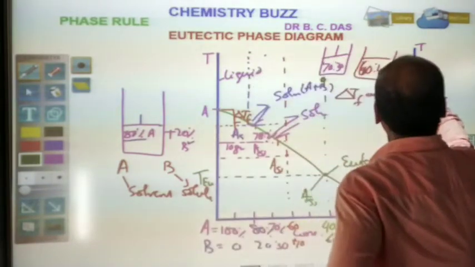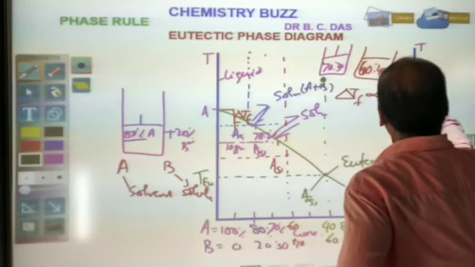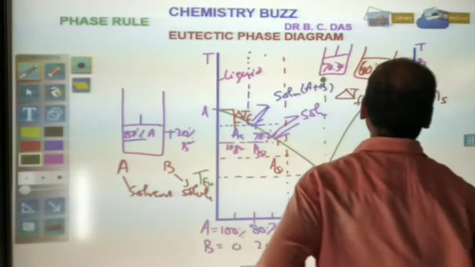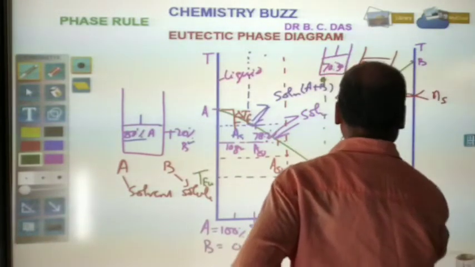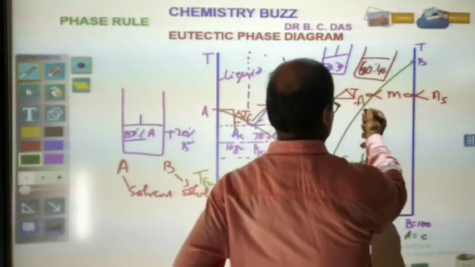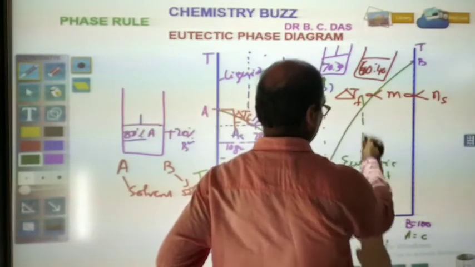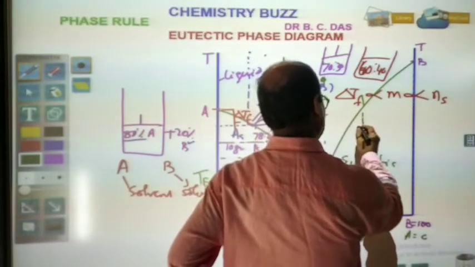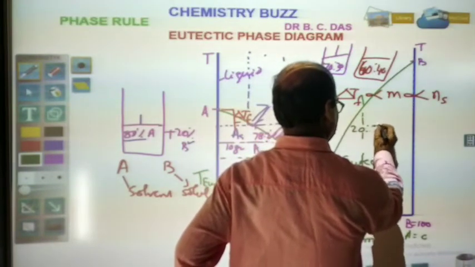So we will get a curve like this here. This is the point where the percentage composition is 20:80.